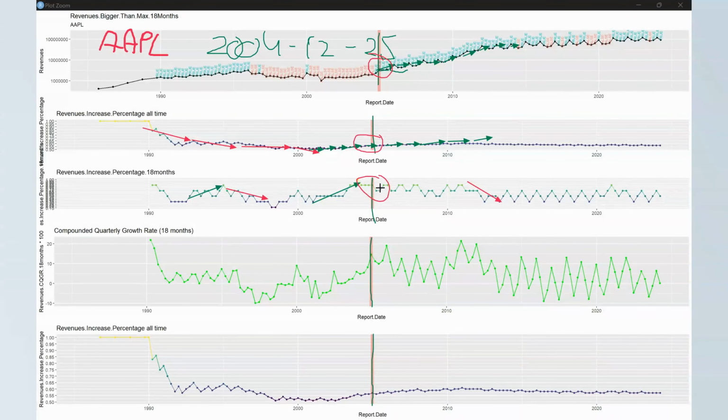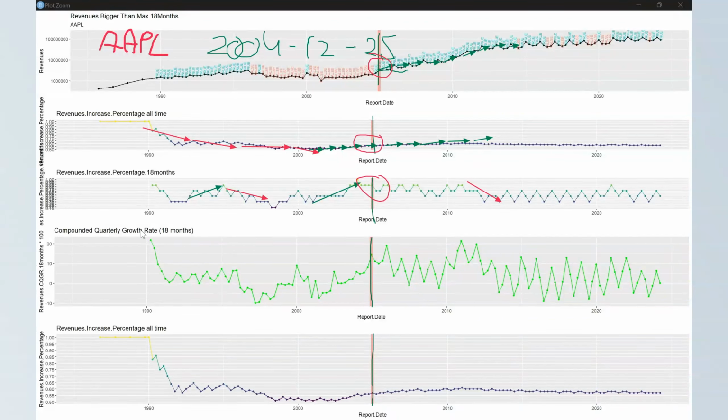So this would be 0.833. In 2004 we saw it starting to climb from lows, creeping up higher and higher, and so about 83% of the last 1.5 years of quarters were positive for Apple.